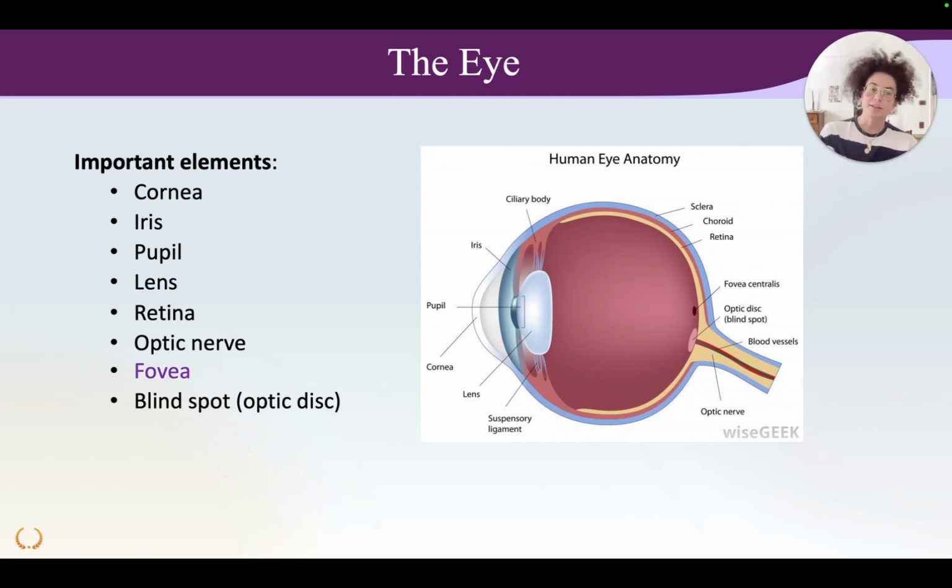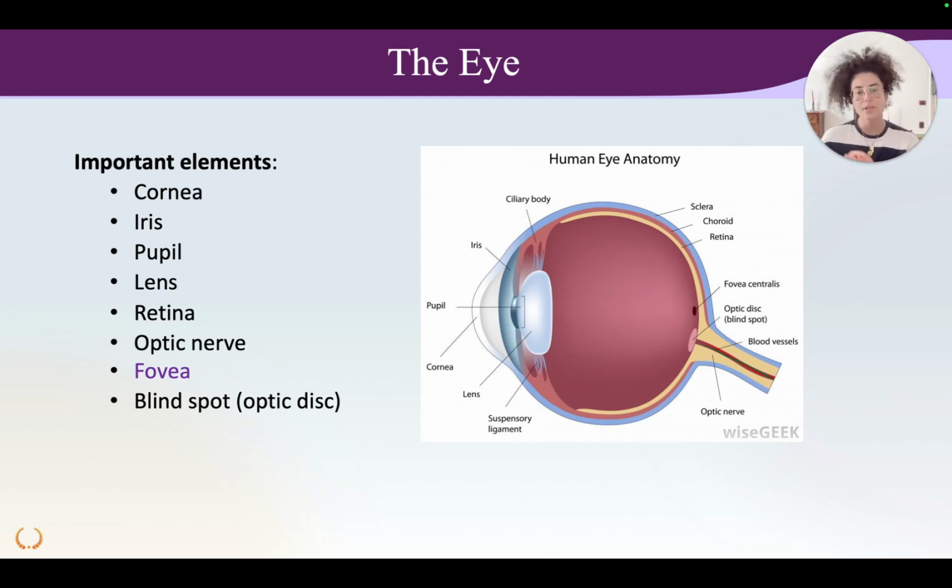Also, a fun fact that is important to remember is that the image projected onto the retina is projected upside down and backwards, and then our brain changes the images so that they are oriented normally again.